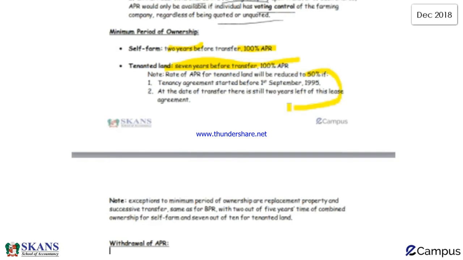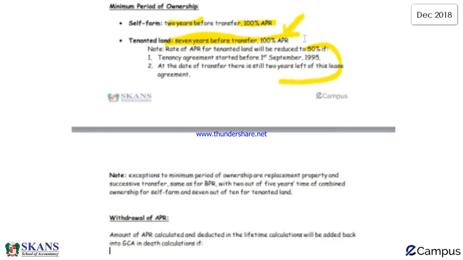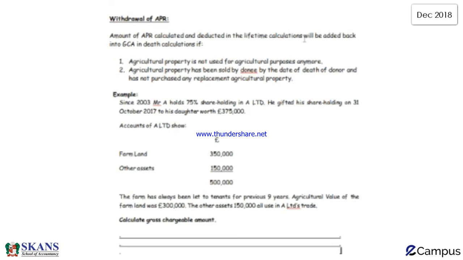By the way, the exception to the rule applies on agricultural property as well. And the same goes with withdrawal of agricultural property relief. It is withdrawn if the relevant business property is not relevant business property by the date of death of the donor, or the relevant business property has been sold by the donee. Same points apply in agricultural property.